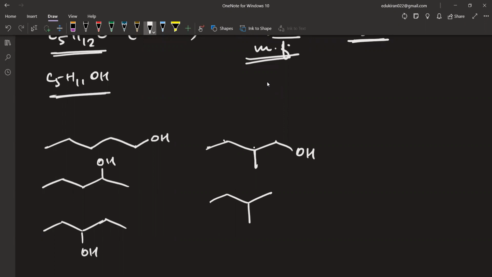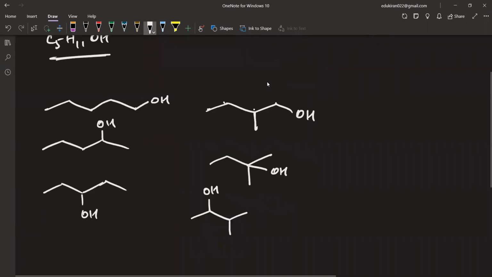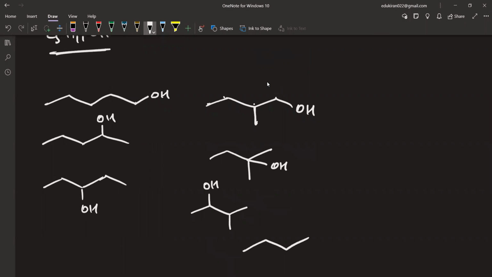This is OH in the first carbon. If I put OH in the second carbon, I will get this molecule. I can keep the OH here, and I can also keep the OH here. So these are the isomers that we can make if I have a branched chain.